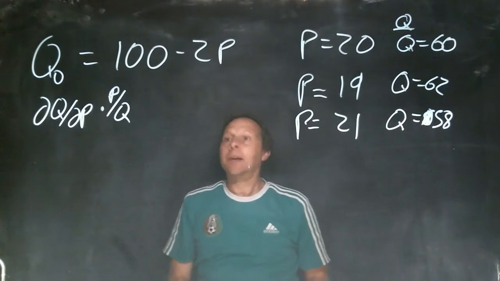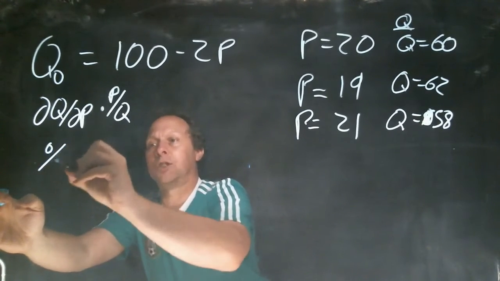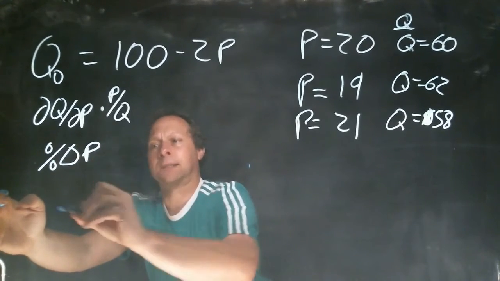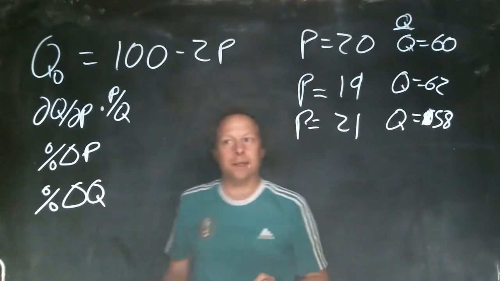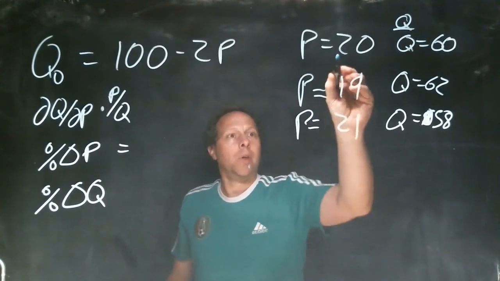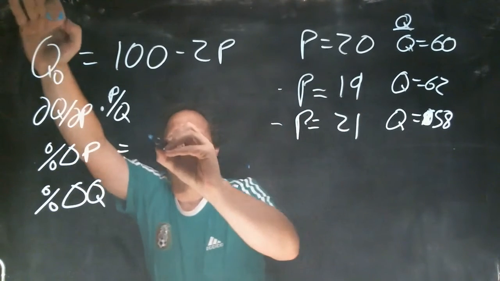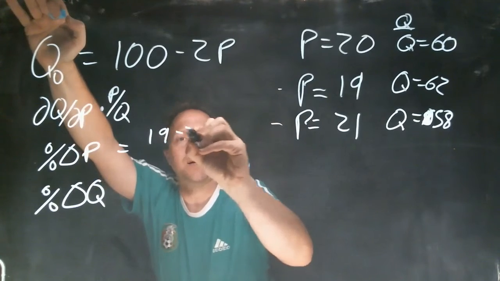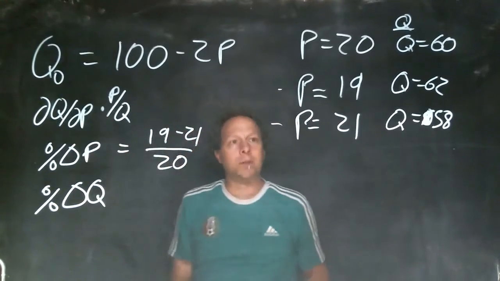All right, now what we want to do is solve for the percentage change in price and the percentage change in quantity. Well, the percentage change in price is equal to the new minus the old over the average. So this is 19 minus 21 over the average, which is 20.